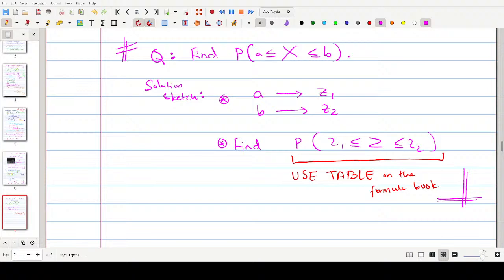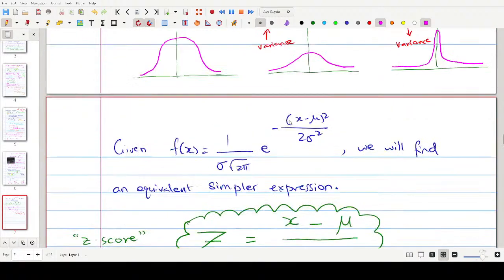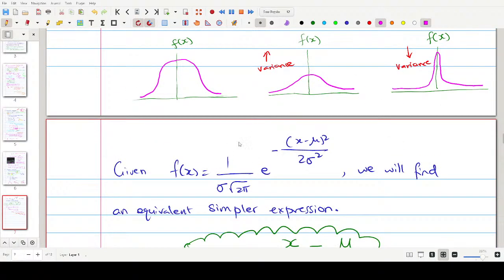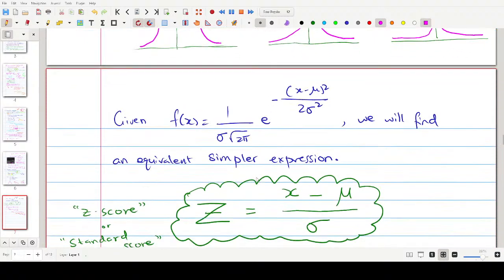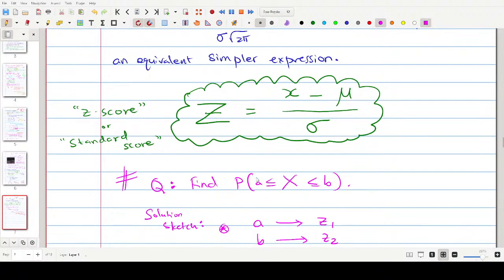So we need not go through the process of substituting values in this formula and finding out stuff. So what are we doing? We will be substituting the value of x, a, and b in this particular formula here, and we'll be finding out z1 and z2.